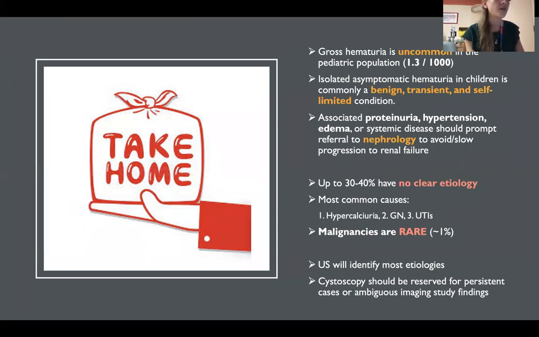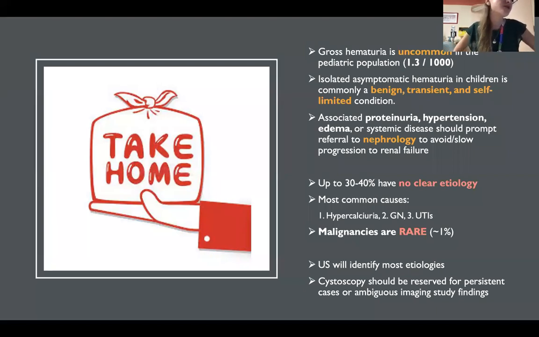Associated proteinuria, hypertension, edema, or oliguria, or any other signs of systemic disease should always prompt referral to nephrology to make sure we provide timely treatment and avoid or delay the progression to renal failure if that's the case.